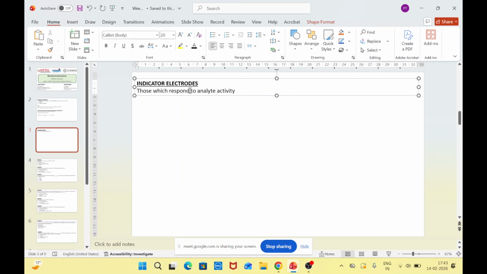If anyone has any questions on what is an analyte, it is nothing but the electroactive species that is present in the system. These indicator electrodes are usually of two different types. The first one is the metal electrodes, and the second one is the ion selective electrodes.